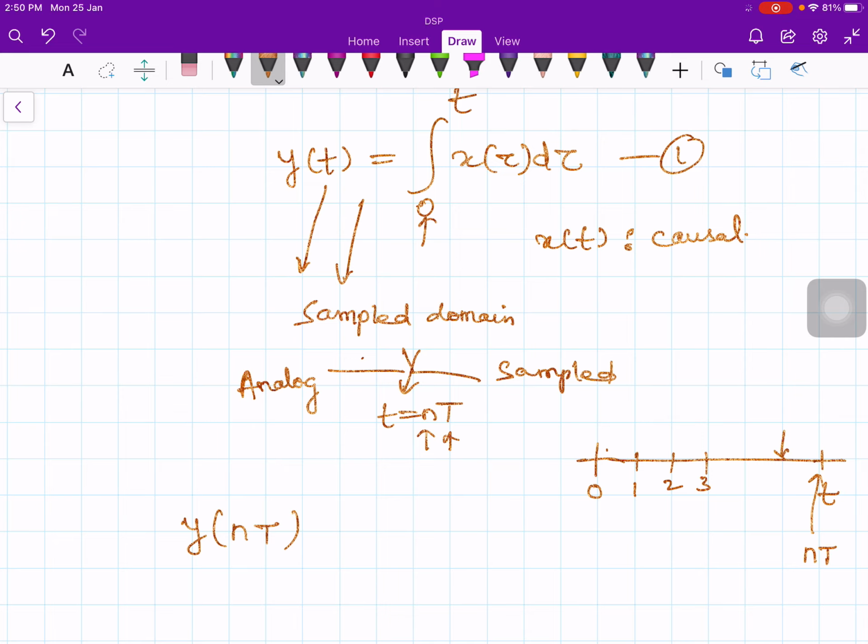What about this point? n minus 1 times T. So you integrate up to this point and denote that value as y of n minus 1 times capital T, like that.